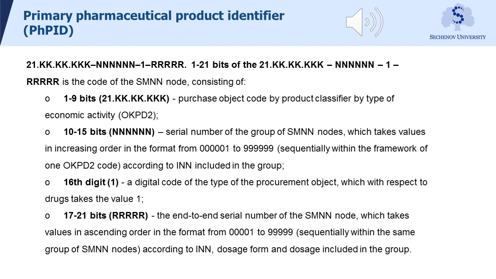The second group of digits is serial number of the node, and next digit is type of the drug, and the last one is end-to-end serial number of the node, which increase in ascending order.